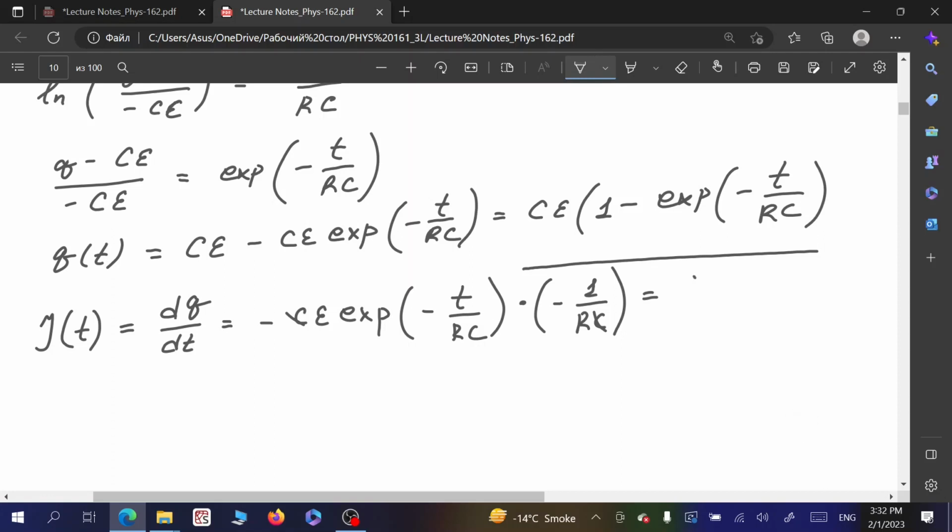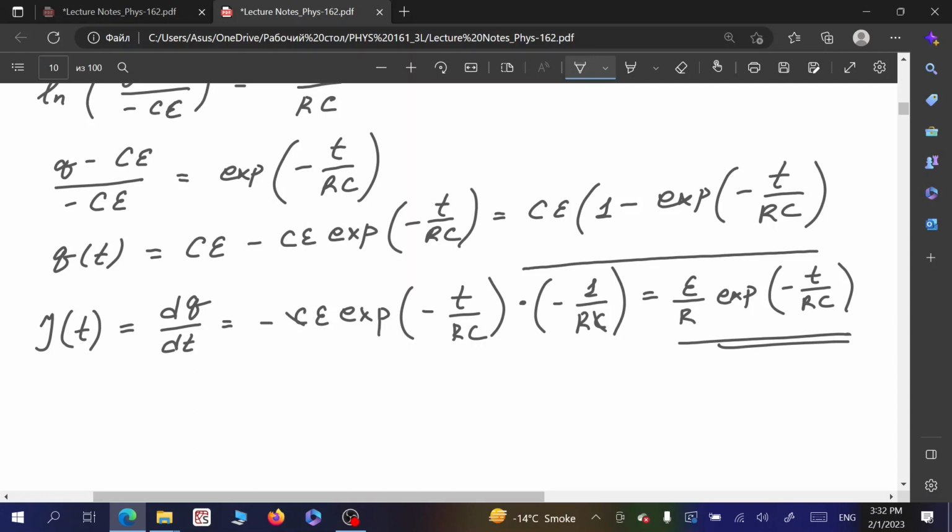So we get epsilon over r times exponent minus t over rc. So this is the expression for time-dependent current.